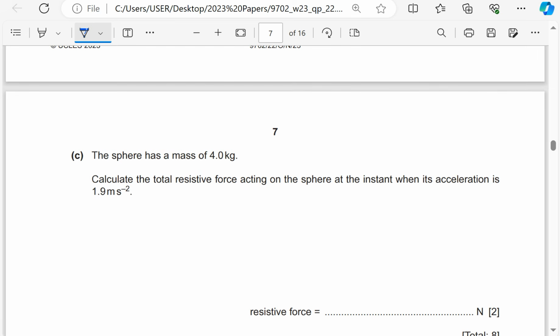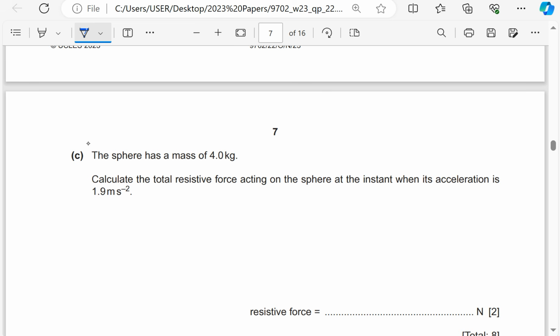The sphere has a mass of 4 kilograms. Calculate the total resistive force acting on the sphere at the instant when its acceleration is 1.9 meters per second squared. So I used capital V for viscous drag, or resistive force.